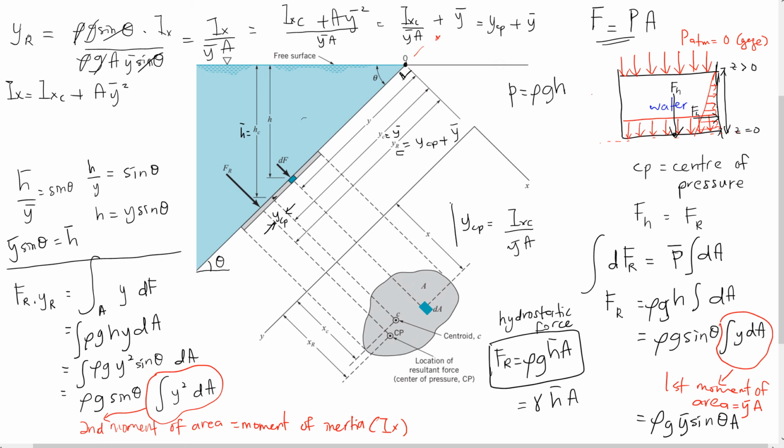So this is the location of the hydrostatic force from the centroid to the line of action of the force, which is the CP. These two derivations will not be assessed, but you need to know how to use the equation. This can be of any arbitrary shape.